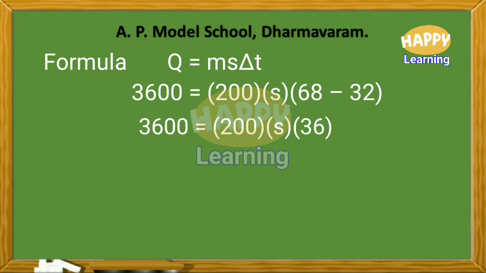On simplification, 3600 is equal to 200 into S into 36.